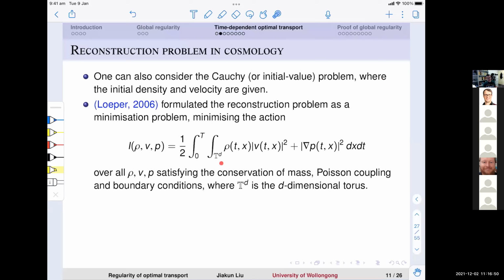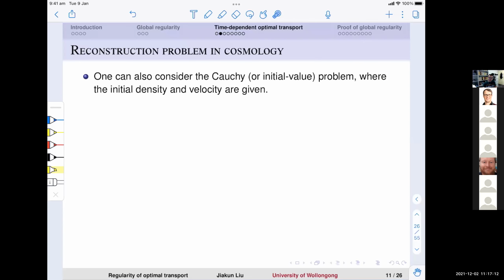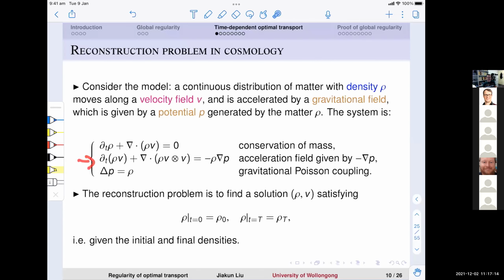Part one is the kinetic energy. And the second part is the potential energy, given by the gravitational field. Okay, so that's the functional we're trying to minimize. If we minimize this functional, the Euler equation will give us exactly the second equation in the system.